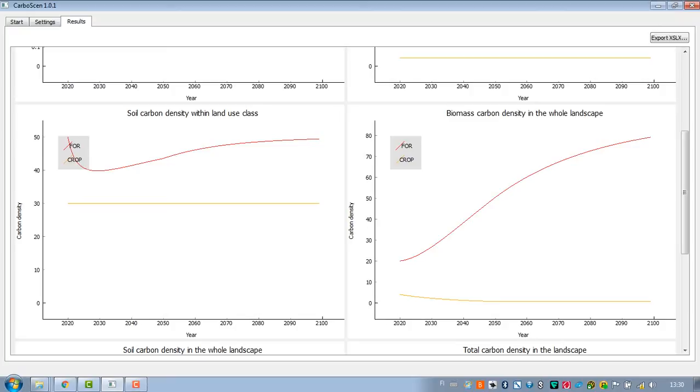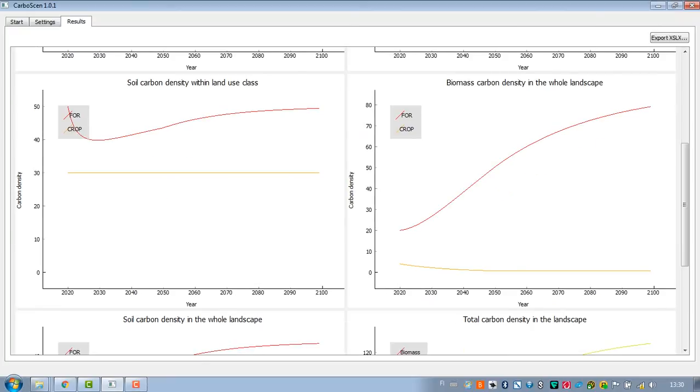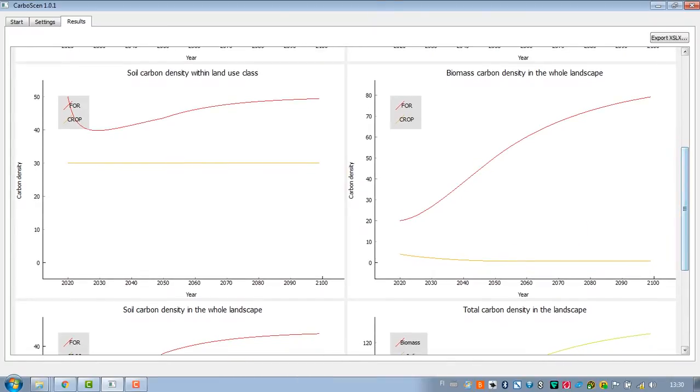Is there something special about the next one? Yeah, that's something different. Slightly more difficult to understand. Yeah, again, there's carbon density and there's year. So the same axis as in the previous ones, but now it's about average carbon density.